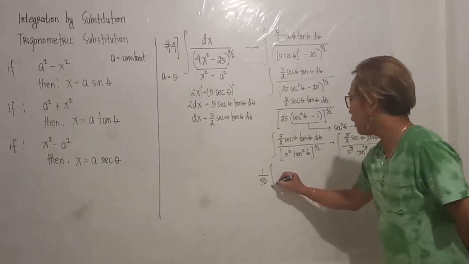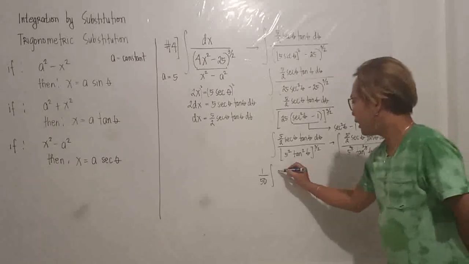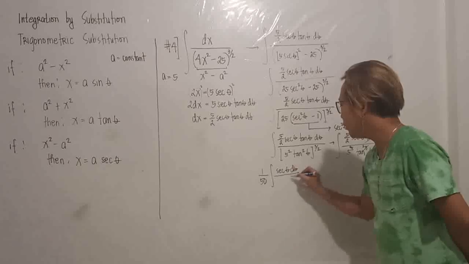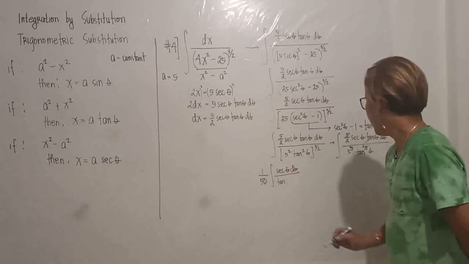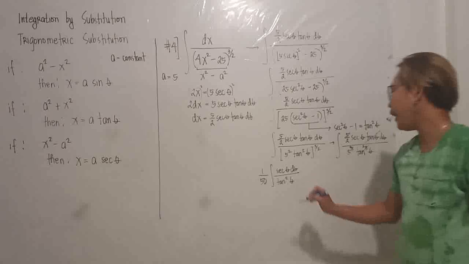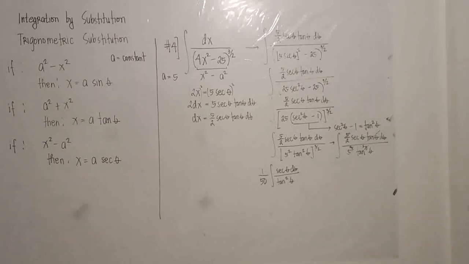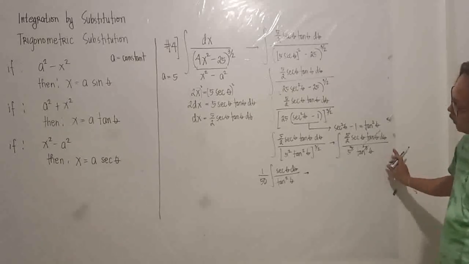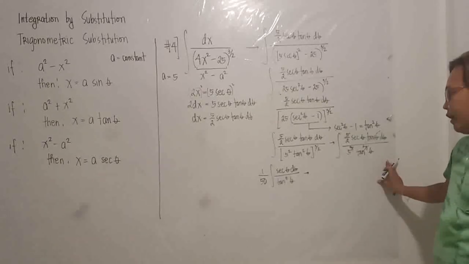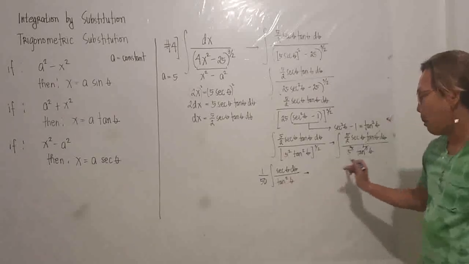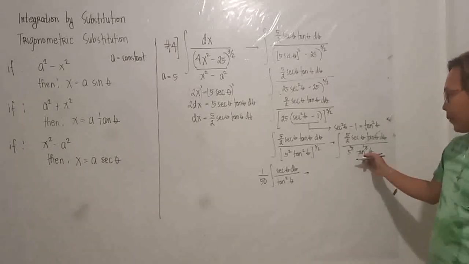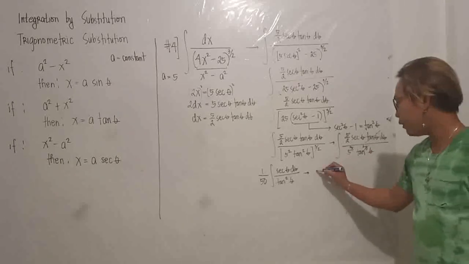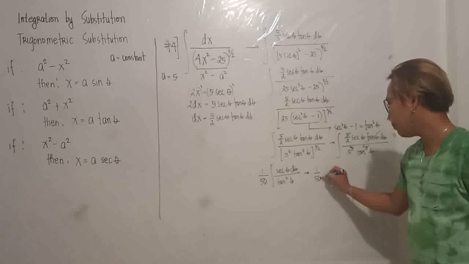Then the integral of secant theta d theta all over tangent squared theta. If you will notice, how will you integrate this equation? You will now have 1 over 50.